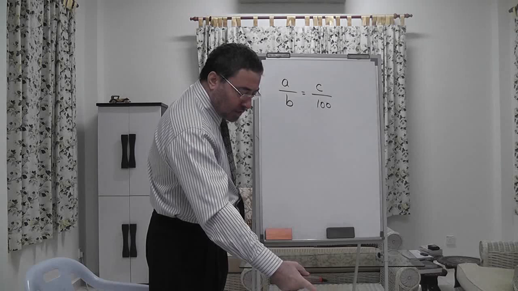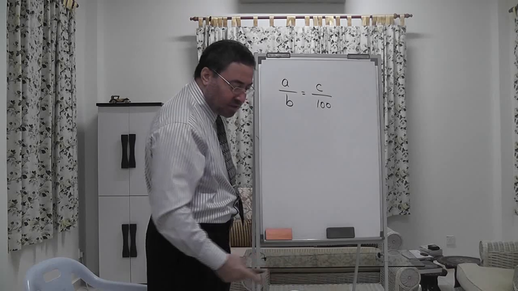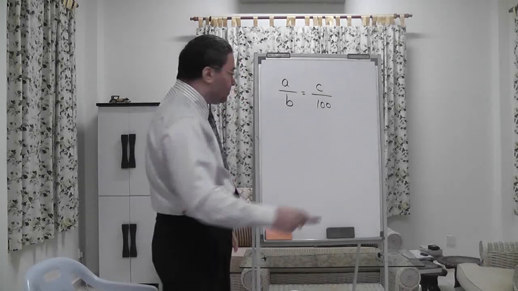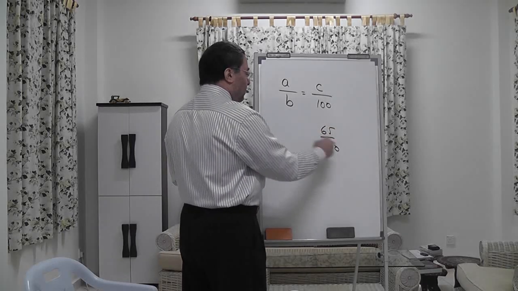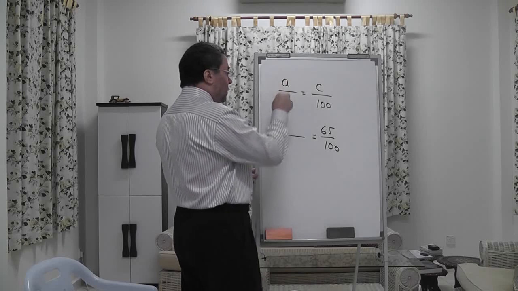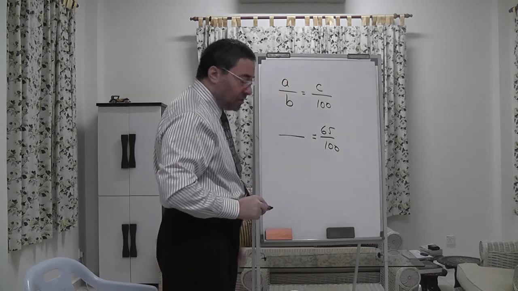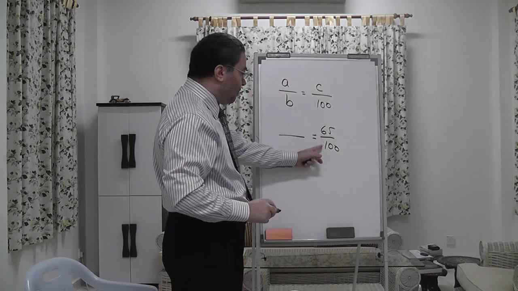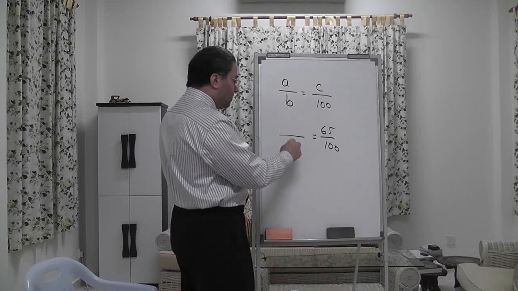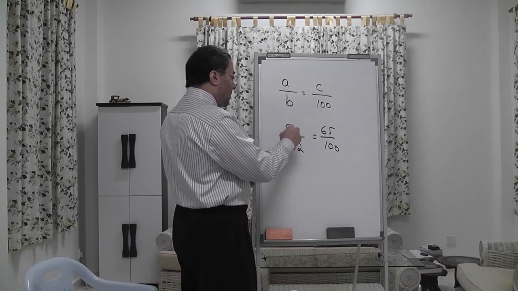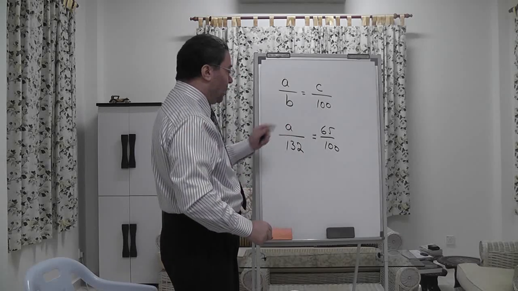So let's get an example. What number is 65% of 132? So here we have 65 over 100, and 65% is the same as 65 over 100 when compared to 132. My missing number here is A.